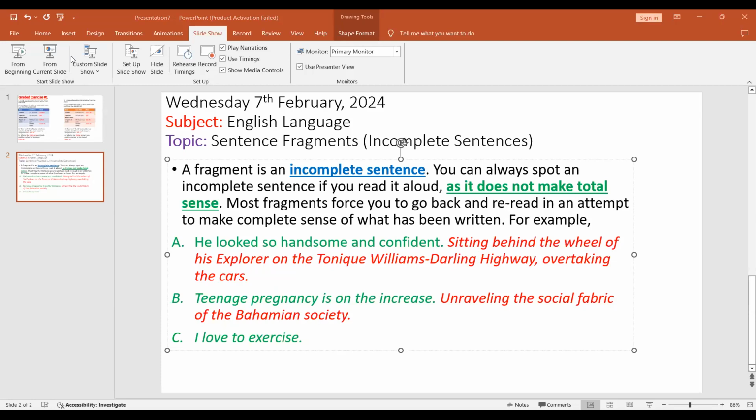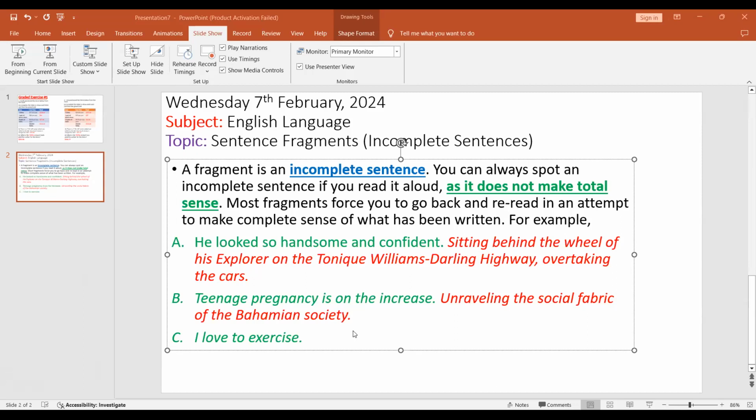I love to exercise. Yes, sir. It's a simple sentence. Why is it a sentence? Because it has a subject. More than that, it makes sense. It expresses a complete thought or idea. Okay, they express a complete thought and idea.